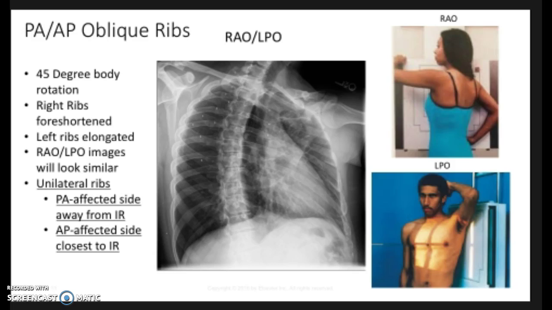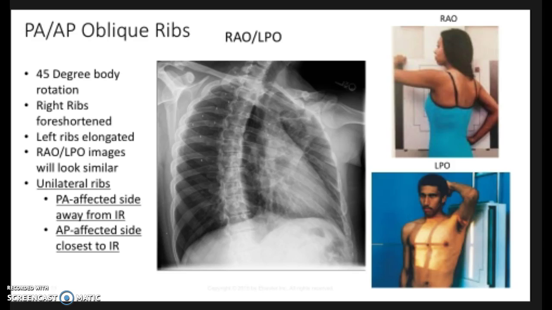So also one of the things I look at when I'm looking at these oblique rib views is recognizing that there's a Grashy view here of the shoulder, and there's a Y view over here of this shoulder. So sometimes that helps you to determine if your positioning is good, and a lot of times it can help you determine which position it is.